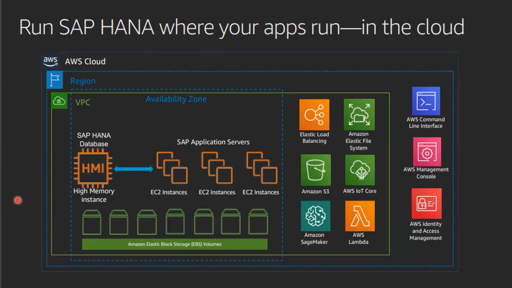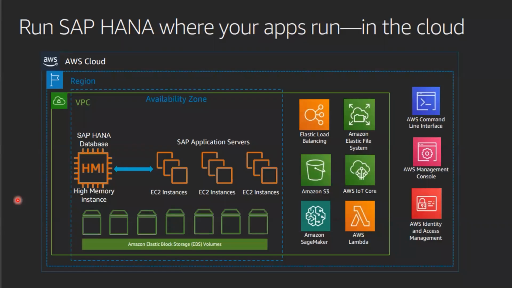For example, bare metal instances, for example, Nitro hypervisors, which we discussed. On top of it, you can also integrate your SAP workload with other AWS services. For example, with S3 for backup storage, you can use Elastic File System to present a shared drive for your SAP instances, application servers, and you can also do load balancing.